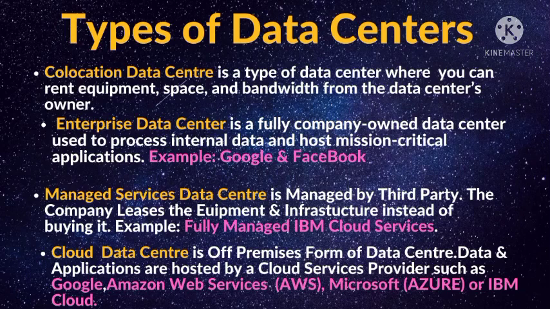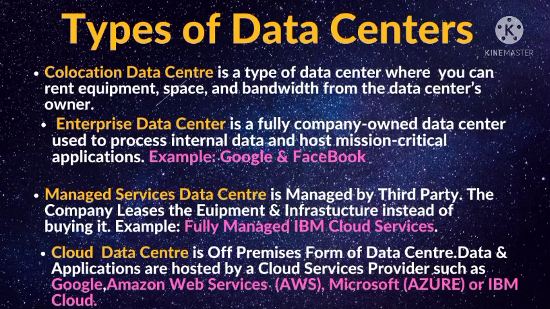The other one is the enterprise data center. It's a fully company-owned data center used to process internal data and host mission critical applications. Examples: Google and Facebook have enterprise data centers for their own use. Managed services data center is managed by a third party. The company leases the equipment and infrastructure instead of buying it.